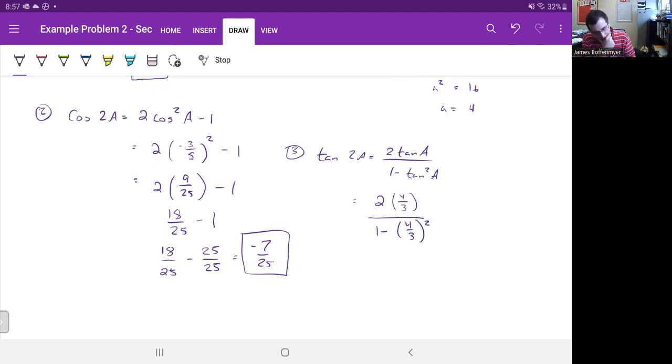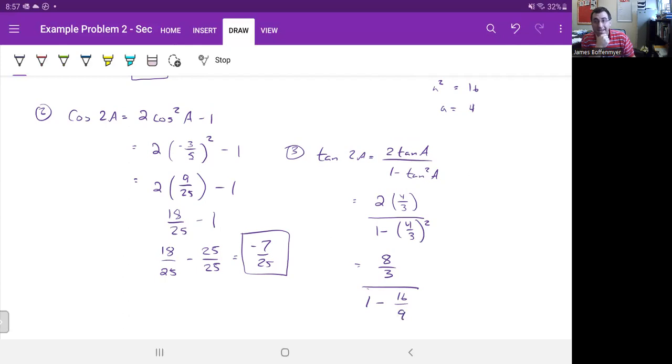So on the top, 2 times 4/3 would be 8/3. On the bottom, it would be 1 minus, and I'm going to take care of the exponents first. So that would be 1 minus 4 squared, which is 16, over 3 squared, which is 9.